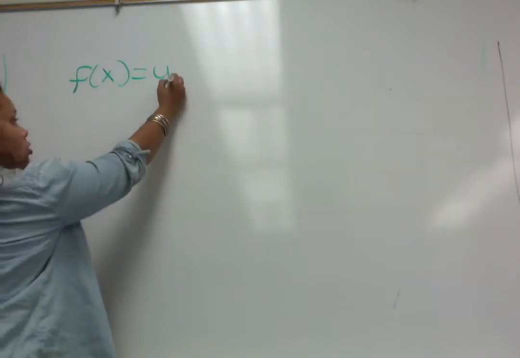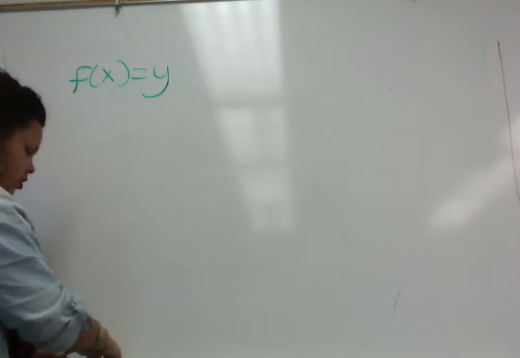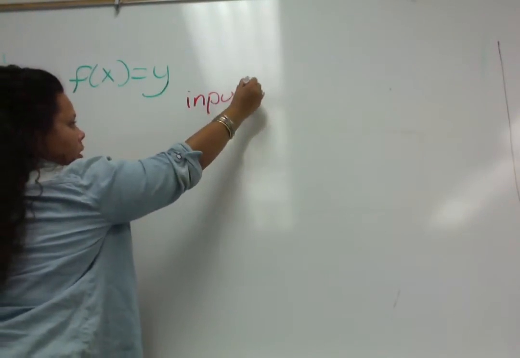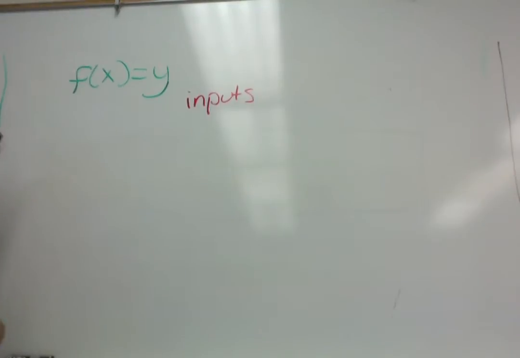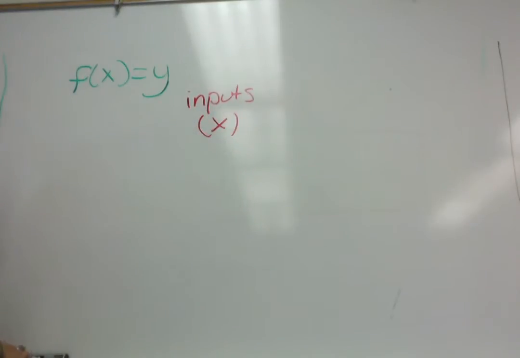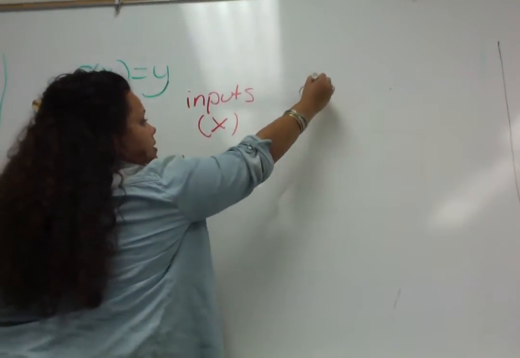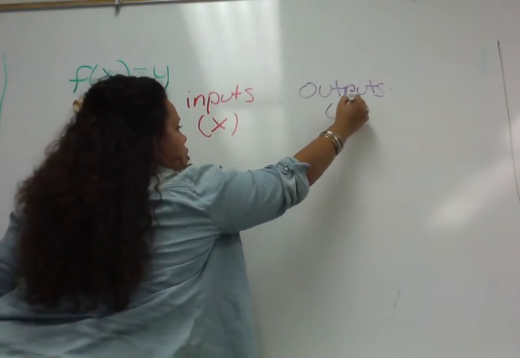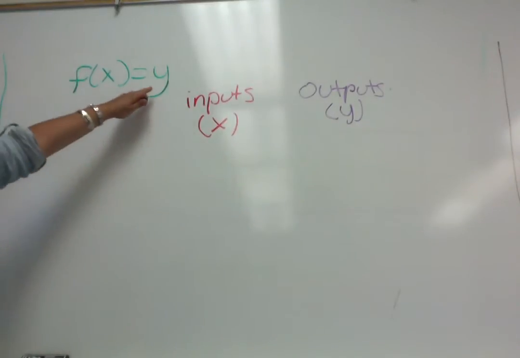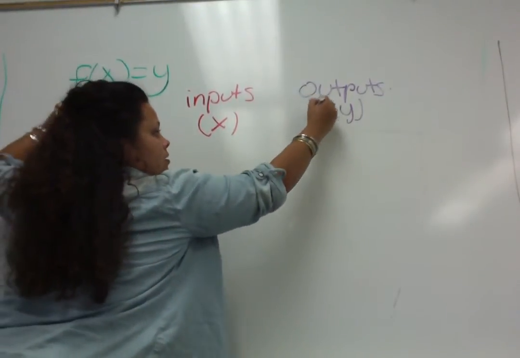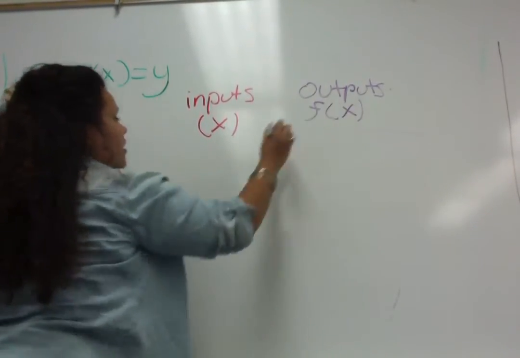So, drawing a T-chart is when we have our input values on our left-hand side, and input values represent our X values, and then we have our output values on our right-hand side, which represents our Y values. Or in this case, what does Y equal? F of X. So we're actually going to put F of X right here instead of Y.